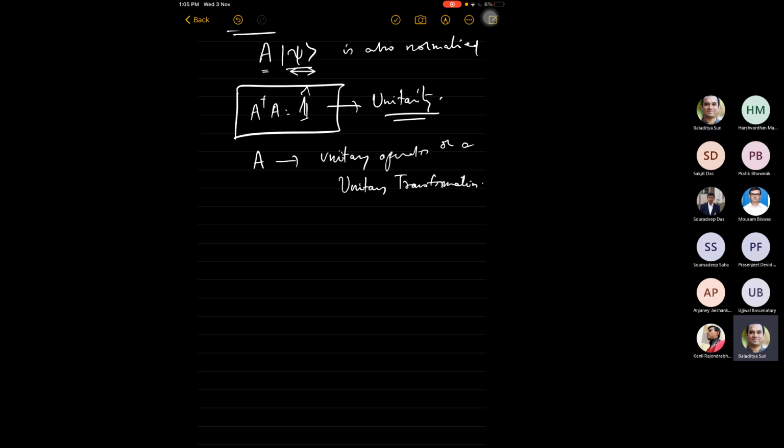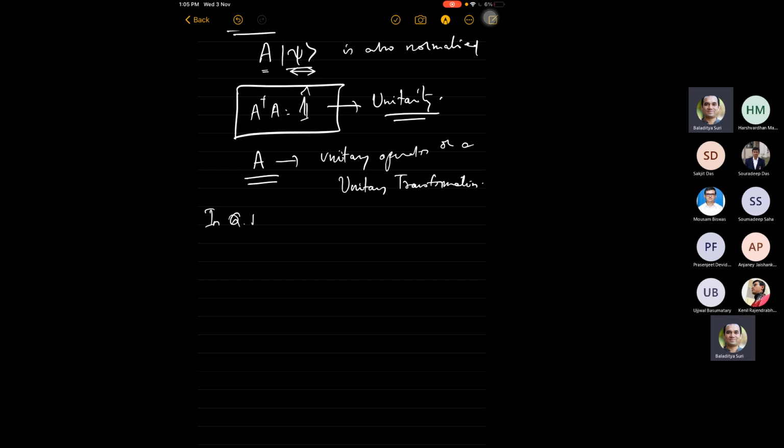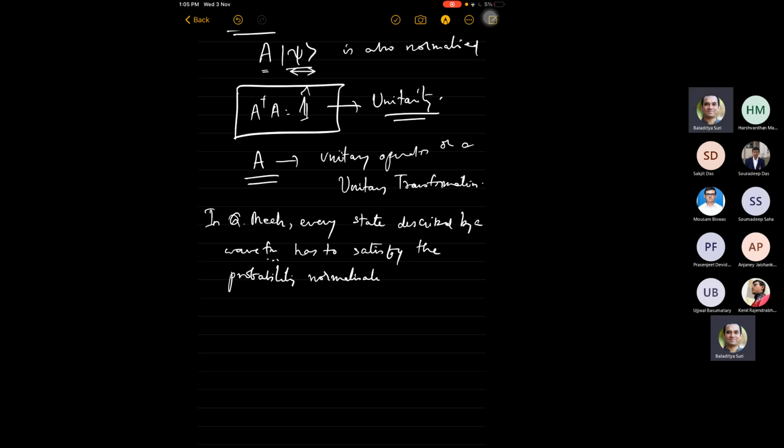Now, we are particularly interested in unitary transformations in quantum mechanics because, according to the probabilistic interpretation, in quantum mechanics every state described by a wave function has to satisfy the probability normalization condition.